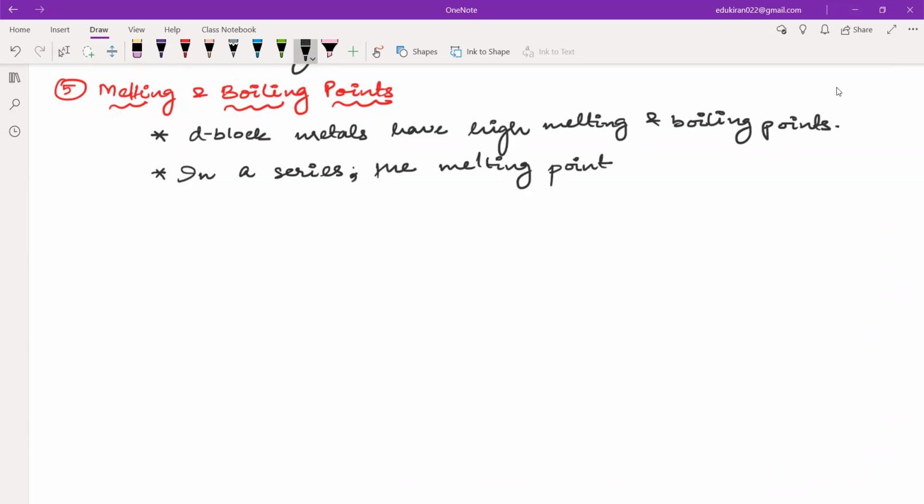And if you are increasing the number of unpaired electrons, there will be more bonds between those atoms, and separating those atoms will be difficult. So as the number of unpaired electrons increases, the melting point will also slowly increase. In a series, the melting point rises to a maximum value around the middle.